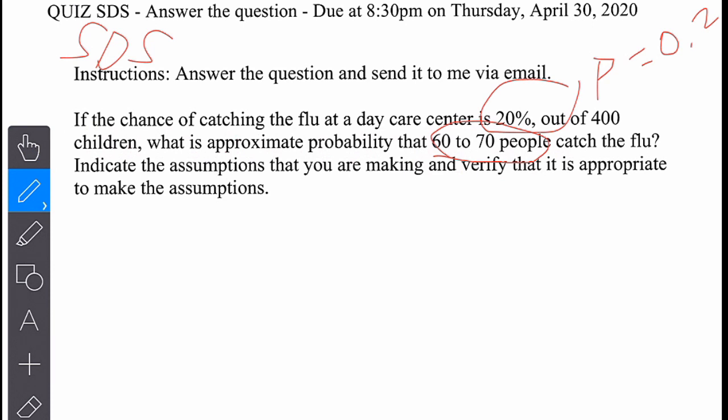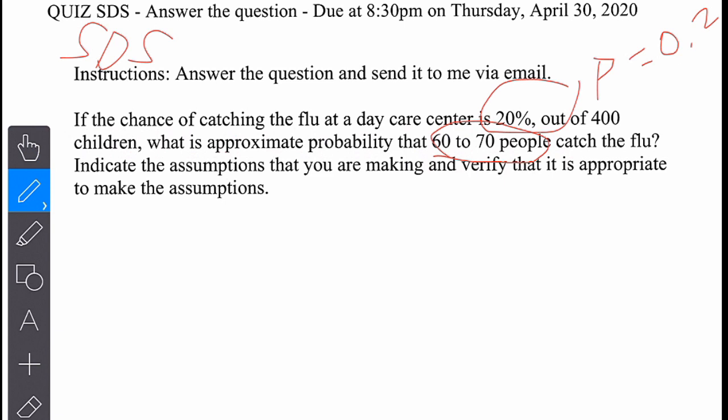Some people answered it different ways, but the way it's answered is using formula number 2 from the formula sheet. Not the first one that has to do with the count variable, but the second one that has to do with the sample proportion. So what do we know?